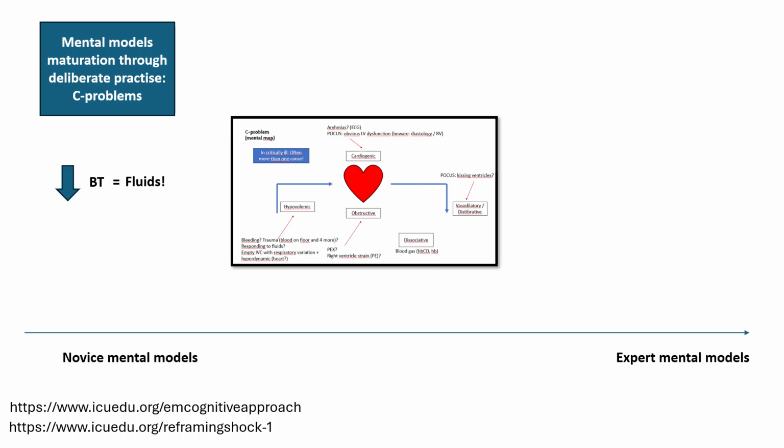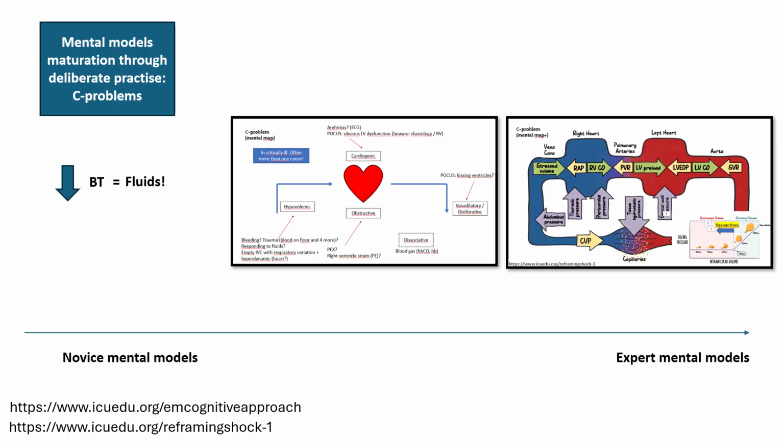Oftentimes, this is Hickam's dictum: they can have more than one thing to look for. And someone like Sarah Krager has this incredible map of what she calls the 3 pressures model in someone who's in shock. I'm talking about the forward pressure, the MAP, but also the backwards pressure, and also the colloid pressure.